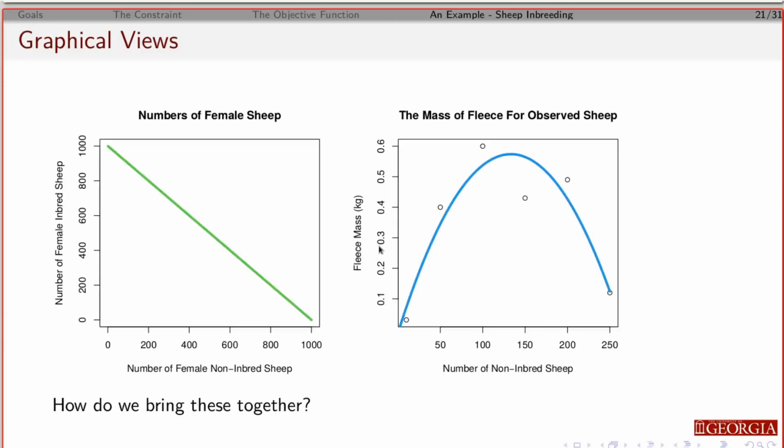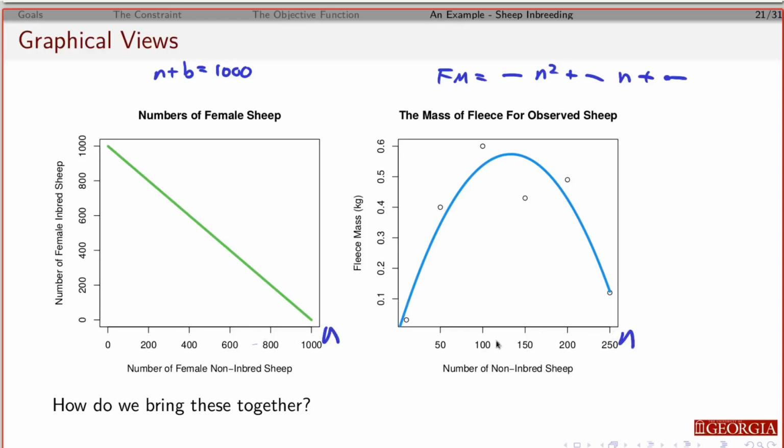And let's look at this graphically. So this is my n plus b equals 1,000. This is my fleece mass, whatever number I had times n squared plus whatever times n plus whatever I had there. Right, that's that parabola. Notice on the horizontal axes, that's n and that's n.